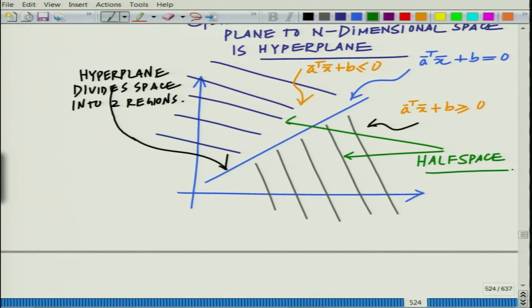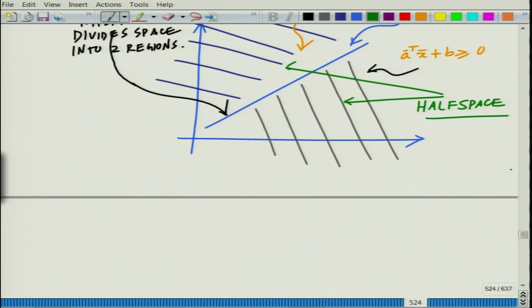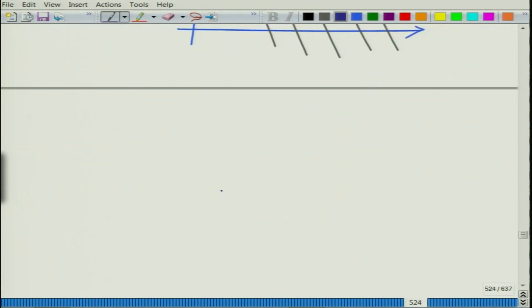So, a hyperplane divides the n-dimensional space into two half spaces.